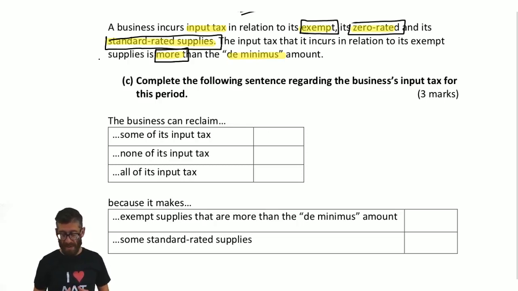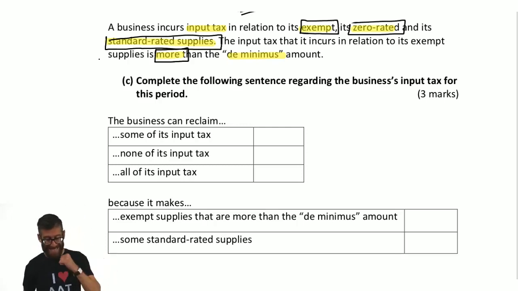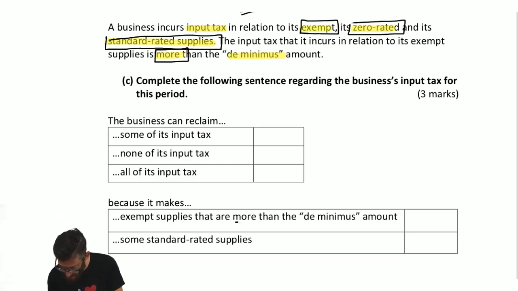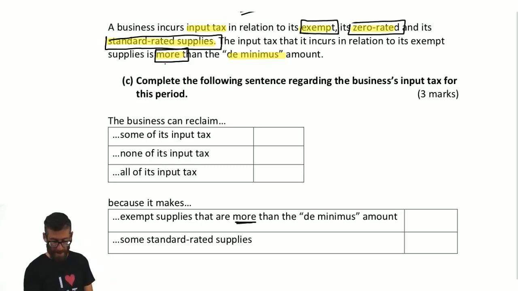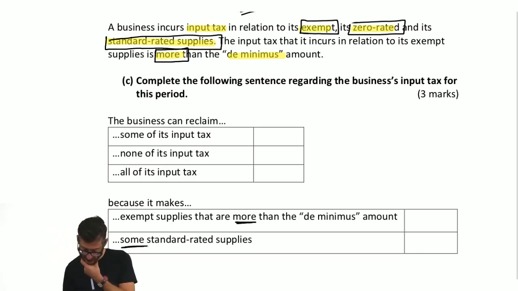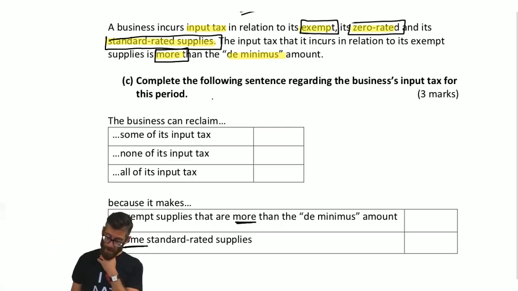The business can reclaim either some of its input tax, none of its input tax, or all of its input tax, because it makes exempt supplies that are more than the de minimis amount. Well, the de minimis amount is more, so that looks like a possibility. Because it makes some standard rate supplies, well, yes, they did, so that could be a possibility.